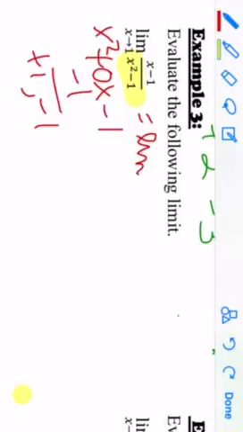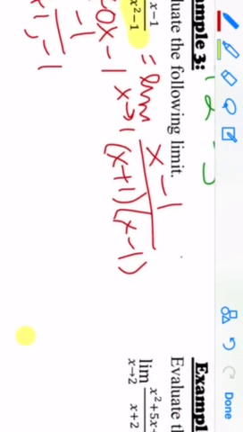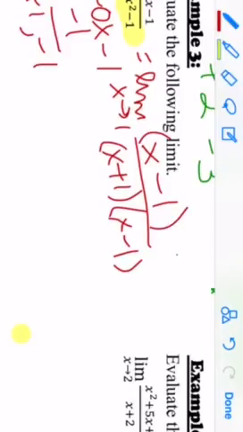Okay, so sorry, this is the limit as x approaches 1 of x minus 1 over x plus 1, x minus 1. Okay? And so I'm going to put parentheses around the top binomial because those are going to cancel.